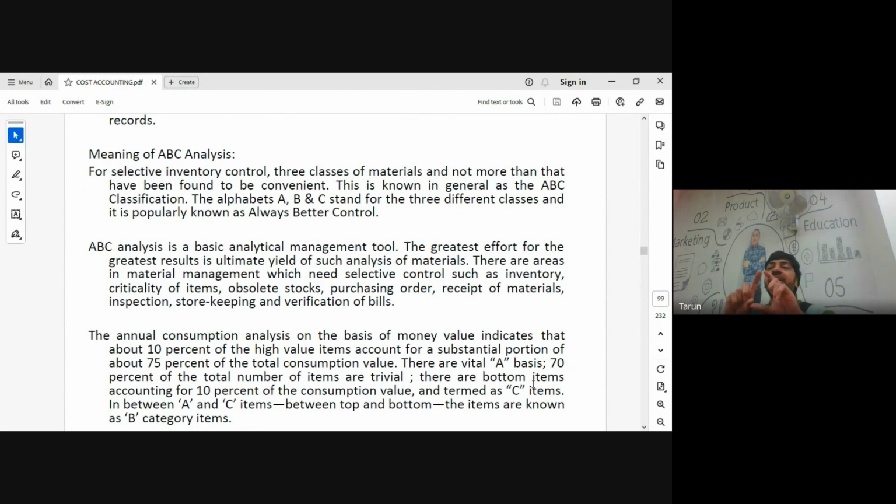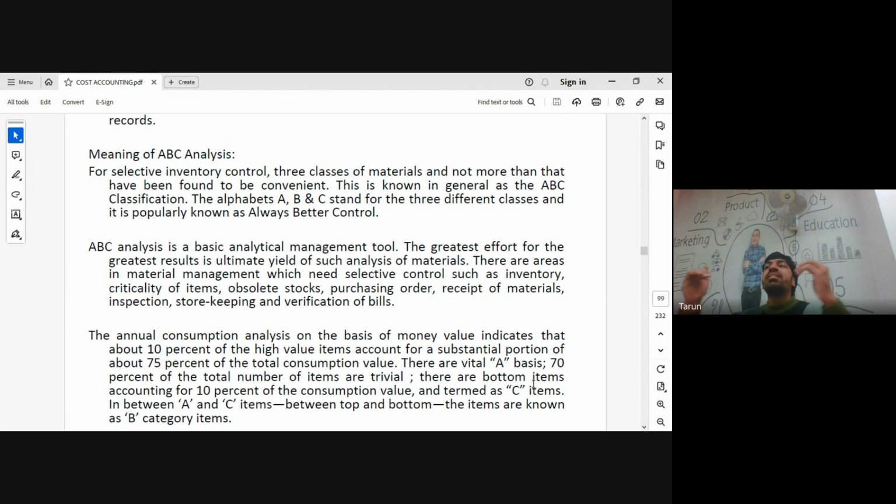So there is a single line that is A, B, and C. Between the A and C, the B item will be in the middle, and what it says is that A items will be covered 70%, B items will be covered, you can say, 20%, and then the last items we got about the 10%.